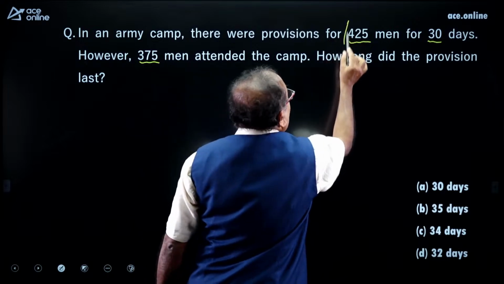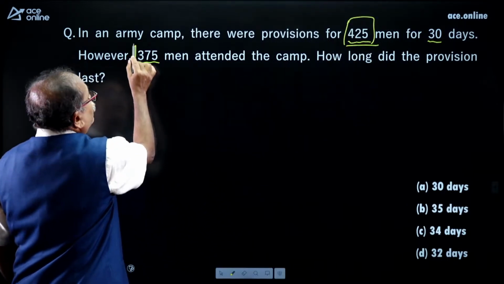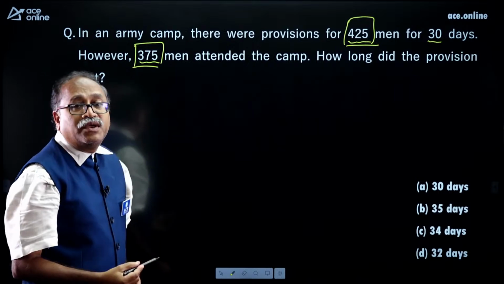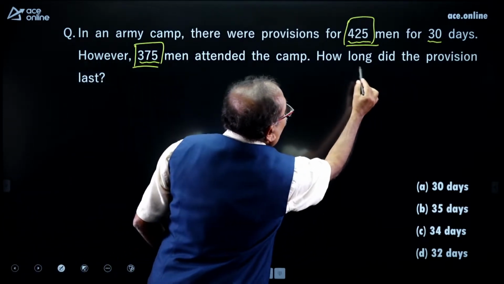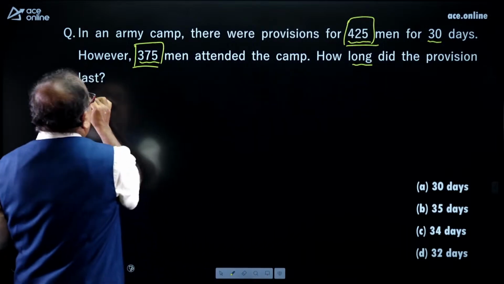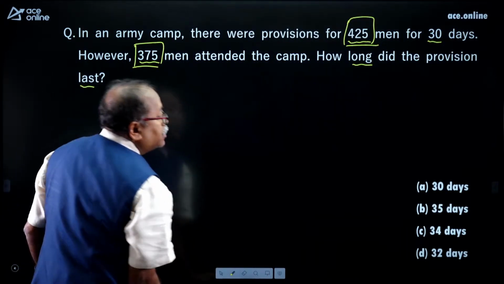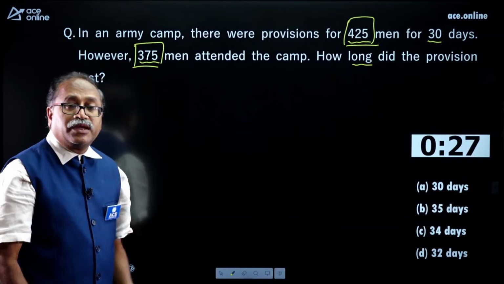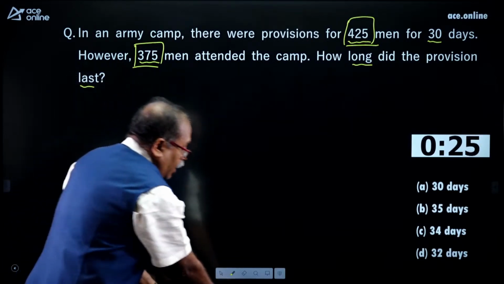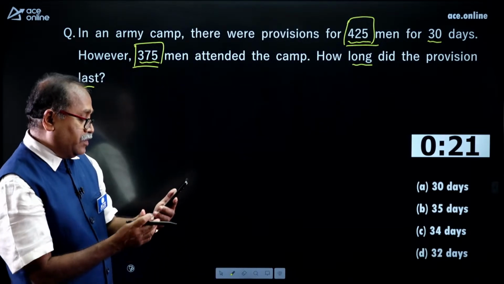The provision was for 30 days for 425 people, but only 375 people attended, so it will last longer. Now, how long did the provision last? Your options start here. Time starts now, 30 seconds. Come on. I am sure many of you will be able to answer the question. I am waiting for your comment.